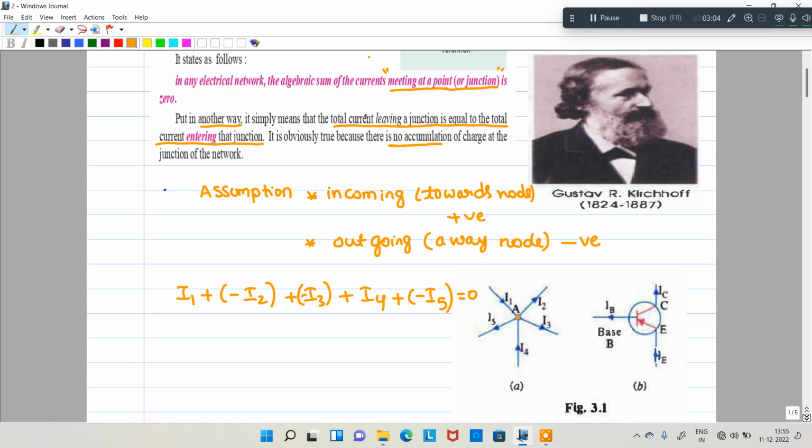That is very, very important. At a junction, there is no accumulation of charge. So this is a point you need to remember.